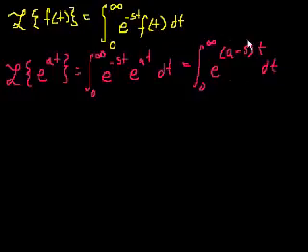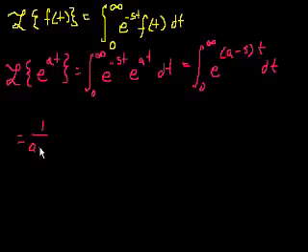dt. And what's the antiderivative of this? Well, that is equal to what with respect to t? So it's equal to 1 over a minus s. That's just going to be a constant, right?